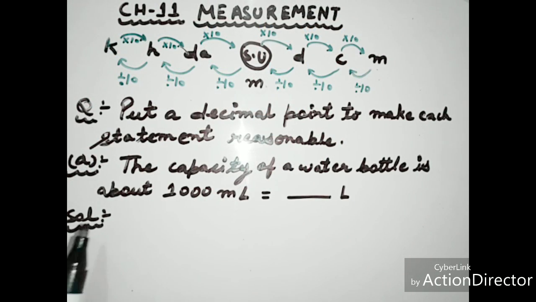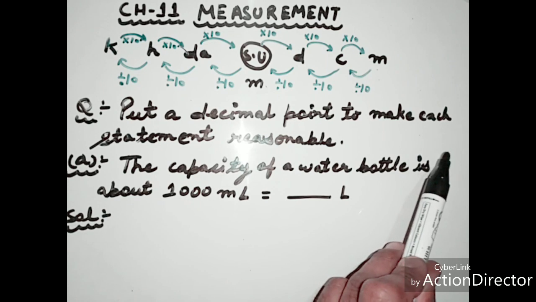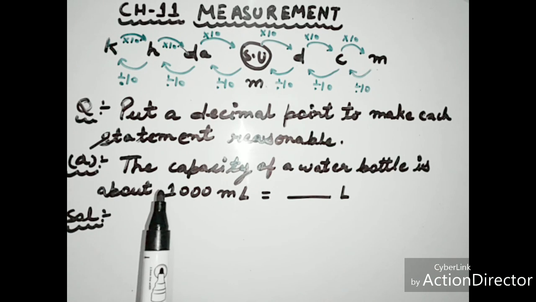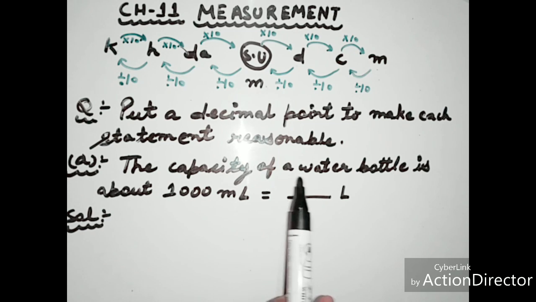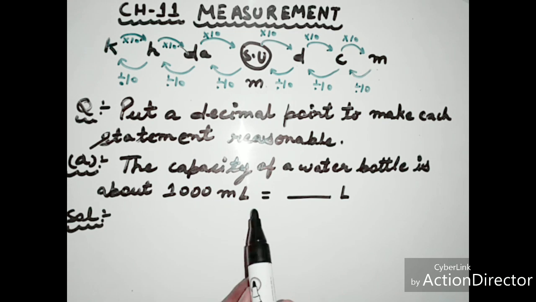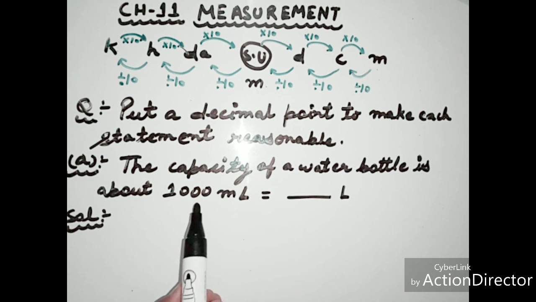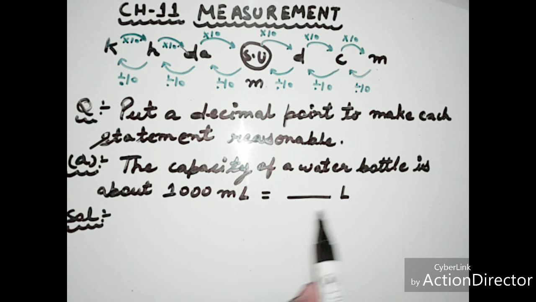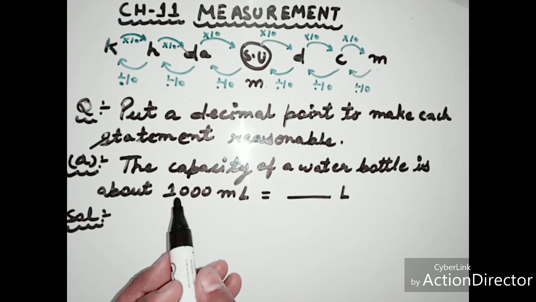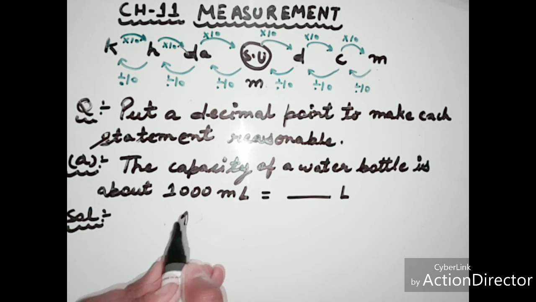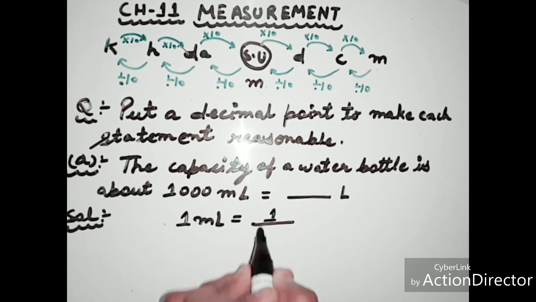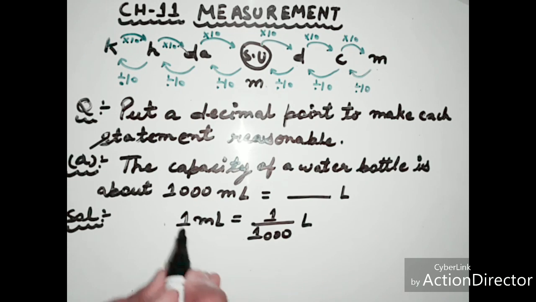Here the next question, put a decimal point to make each statement reasonable. Example number A, the capacity of a water bottle is about 1000 milliliter, and here we find the answer in liter. So if we convert 1000 milliliter to liter, so 1 milliliter equal to 1 upon 1000 liter.